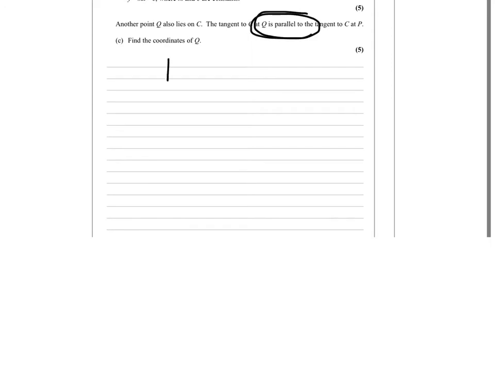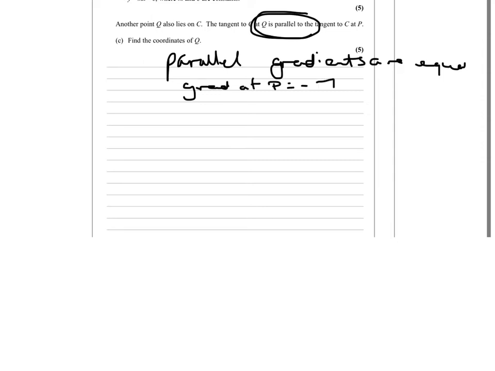So because the tangent at Q is parallel, we know that the gradients are equal. And we know that the gradient at P is minus 7. So therefore the gradient at Q is also minus 7.